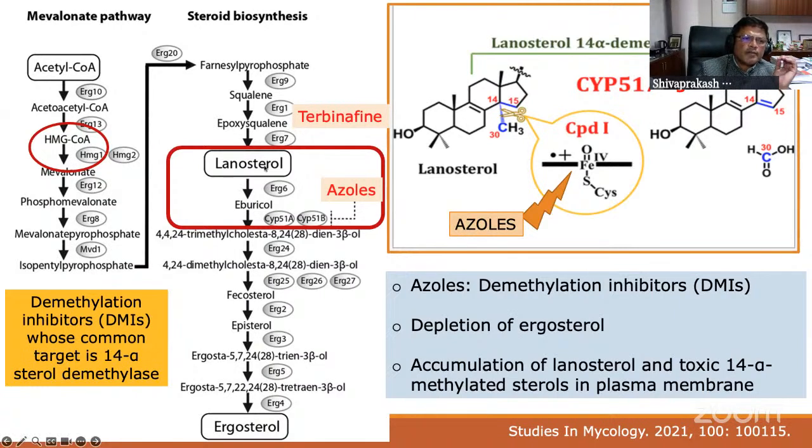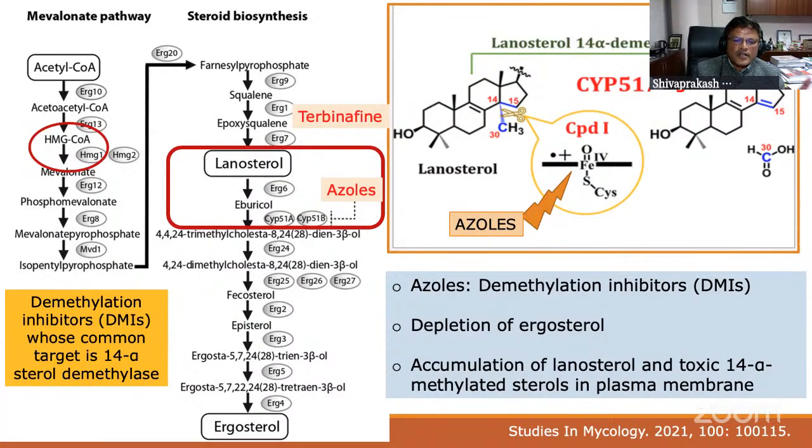You can see the pathway is a very big pathway, from the steroid biosynthesis or mevalonate pathway, going from lanosterol to ergosterol. The ergosterol synthesis pathway can be inhibited anywhere during this process. Fungus requires ergosterol to survive.